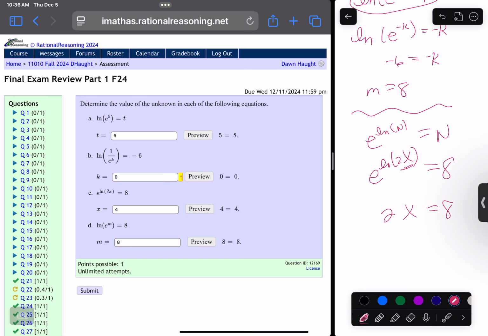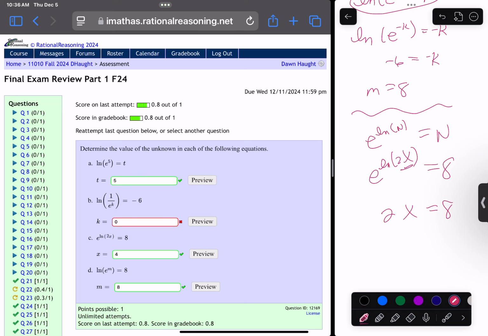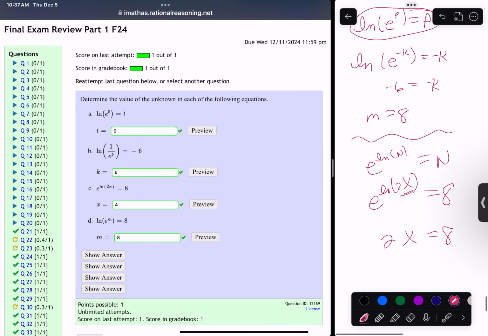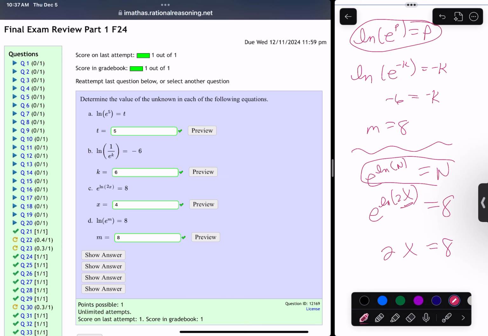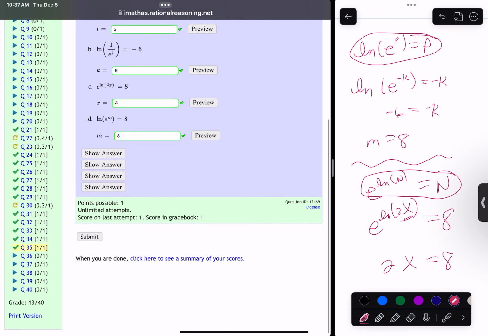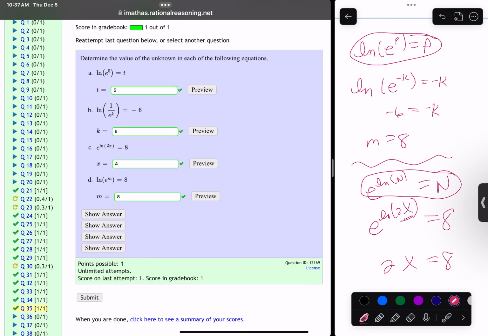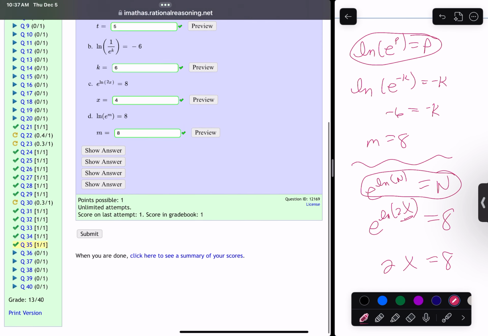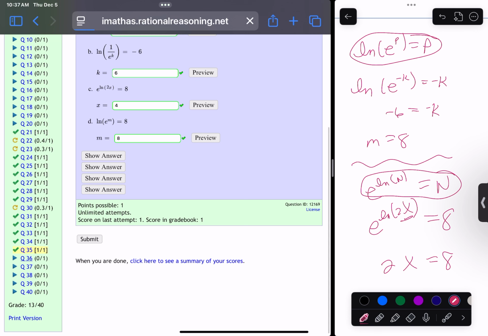What was that one answer to? Oh, I'm sorry, 6. So anyway, that is how you do those ones. So make sure you know the two formulas I have circled on the right. They just are showing you that e's and natural logs cancel out really nicely. They're inverses. They're opposites.